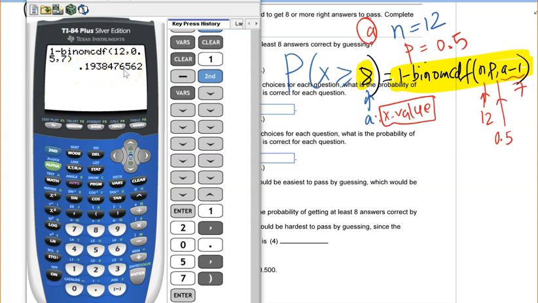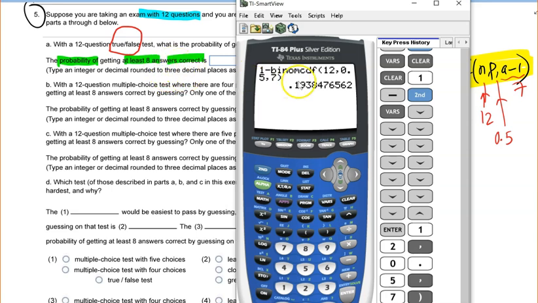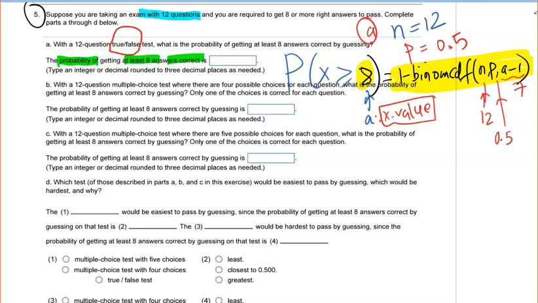If you round it to 3 decimals, as the instruction says, it's 0.194. That's the probability, 0.194.